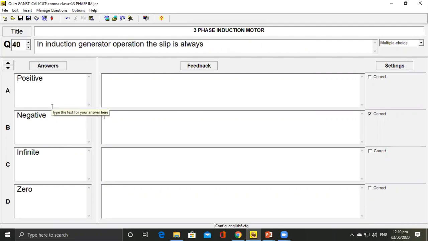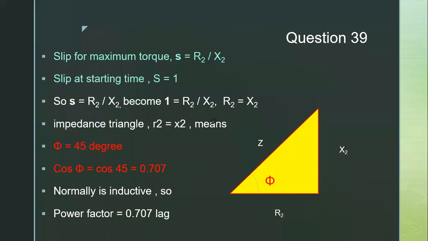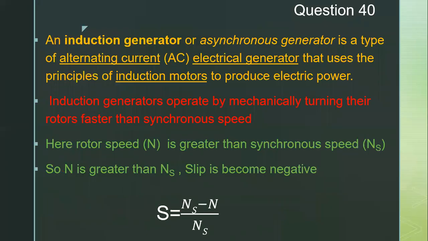And the next 40 questions. In an induction generator operation, the slip is always: positive, negative, infinity, or 0? So what is the induction generator? You have to understand that. The induction generator, also known as an asynchronous generator, is a type of alternating current, that means AC, electrical generator.